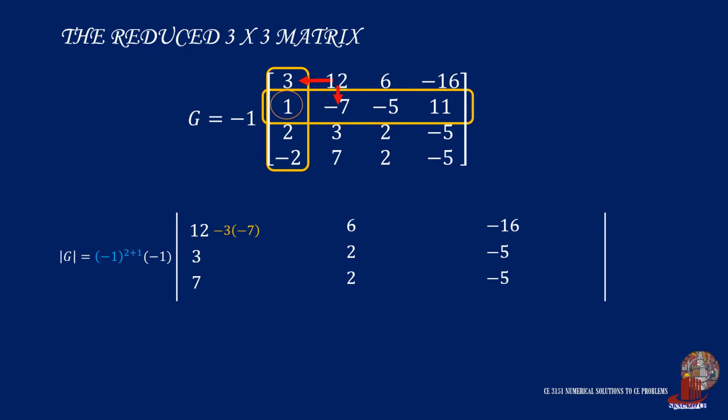For the process of element 1, 1, we subtract 3 times -7. The second element in the column is subtracted by 2 times -7. The last element in column 1 is subtracted by -2 times -7. On to the second column.